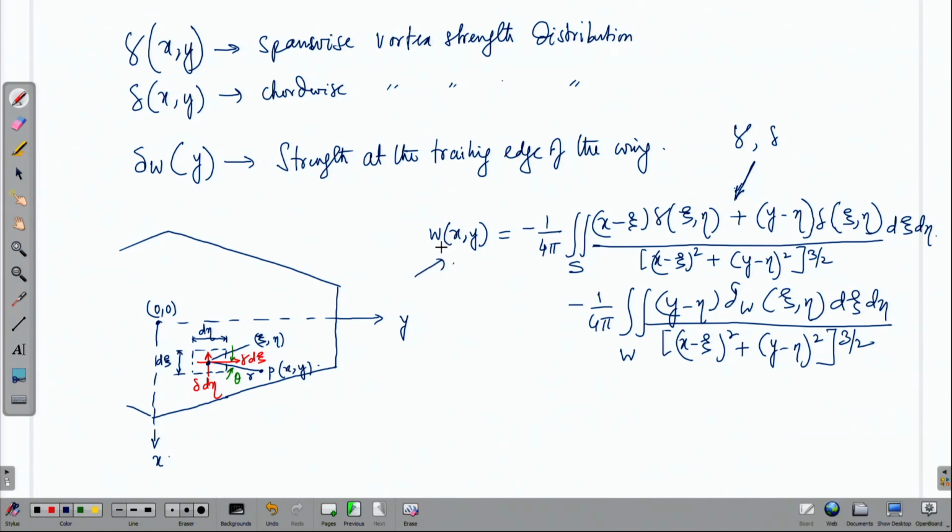And we are going to use a nomenclature here, let us say W I induced by the gamma and delta vortex sheets.